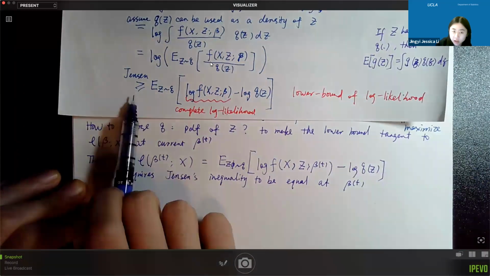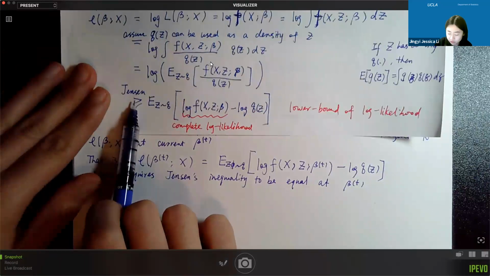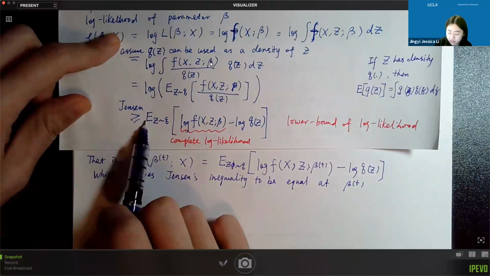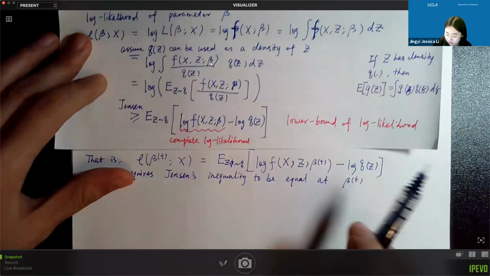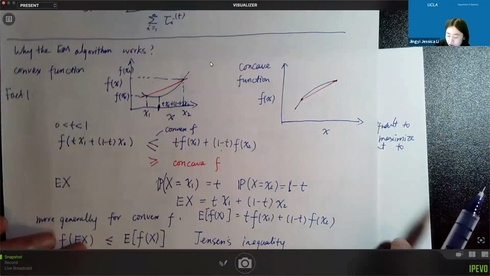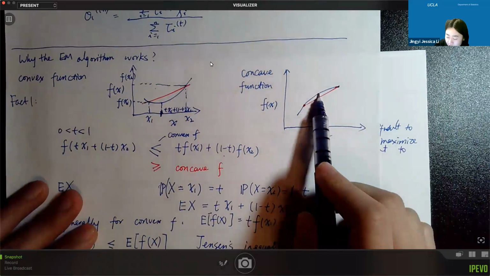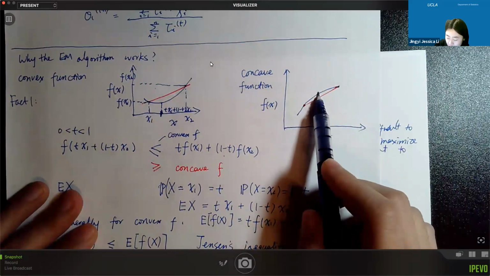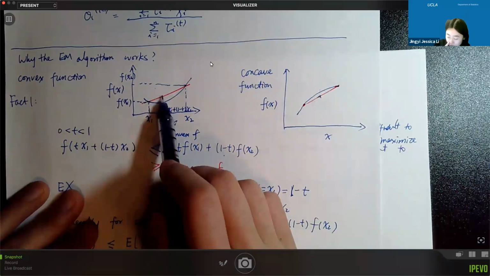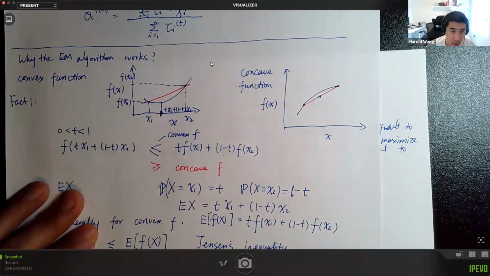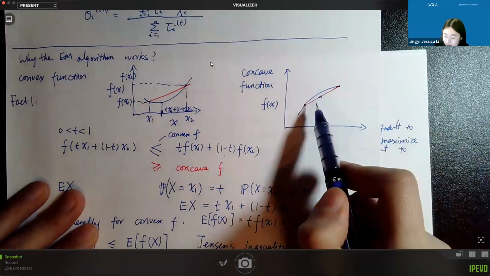This is the only place where we don't have equality in the whole derivation. So when is this equal? Looking at this curve, looking at this example, when would any value on the curve be equal to the value on the line? That's when the line segment has length 0.